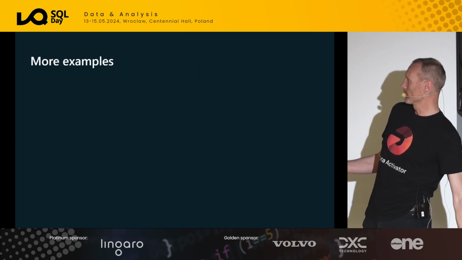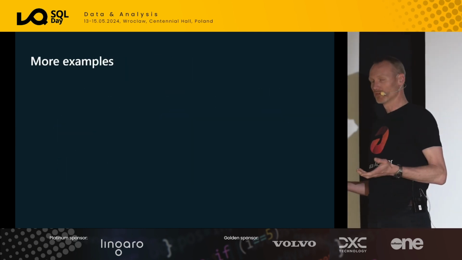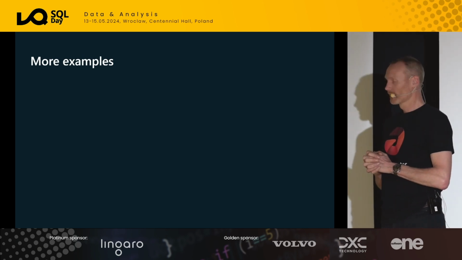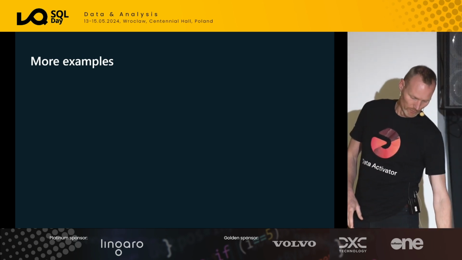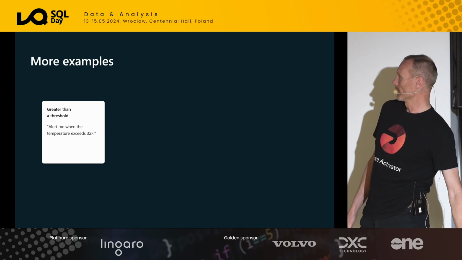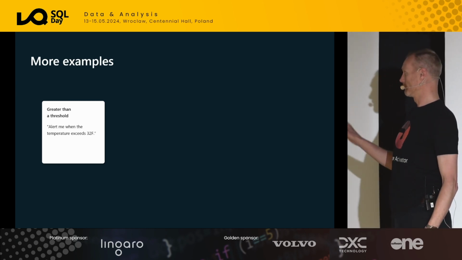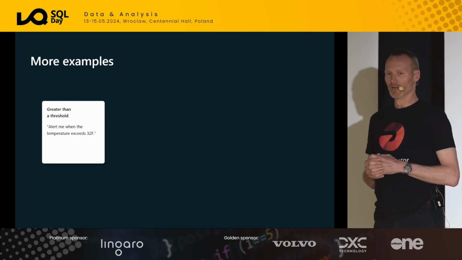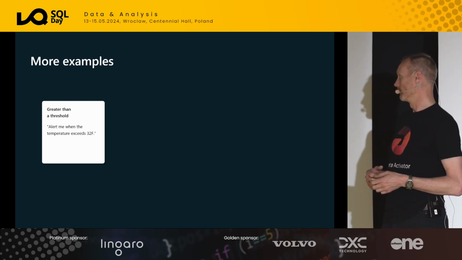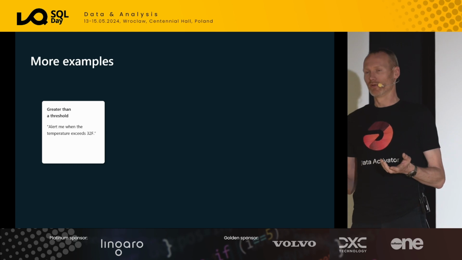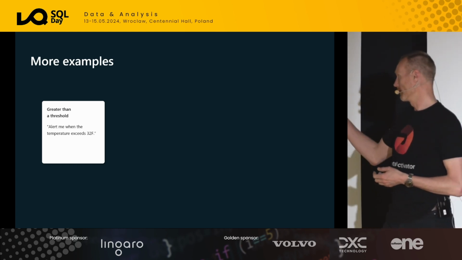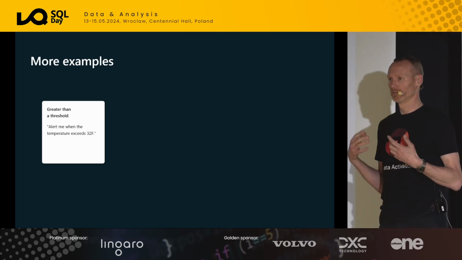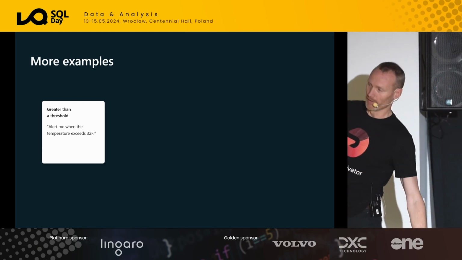So a few examples of how this alerting can be used. I have a small example here, 4 examples with the same data. And one is what we can also do with alerts in Power BI today. So if a value is greater than a threshold, in this case, alert me when the temperature exceeds 32 degrees, then I get an alert.